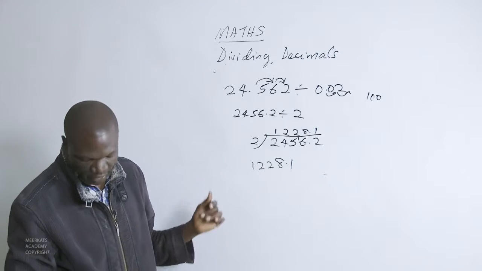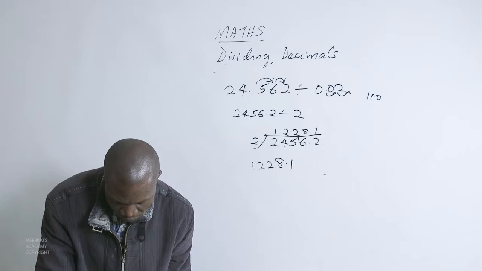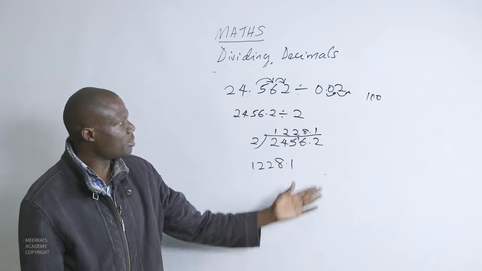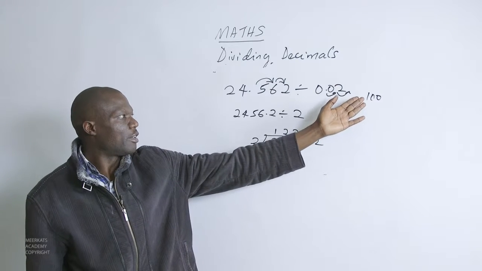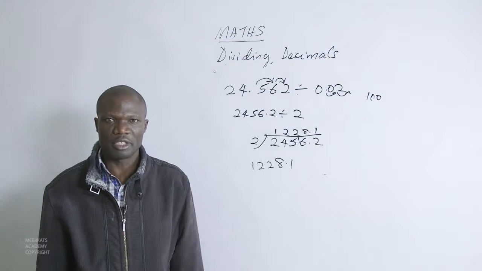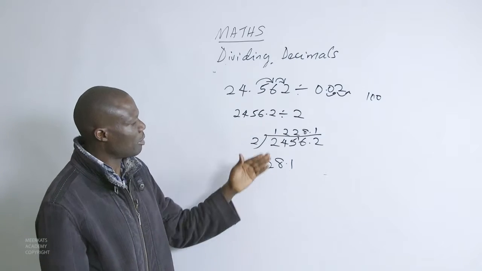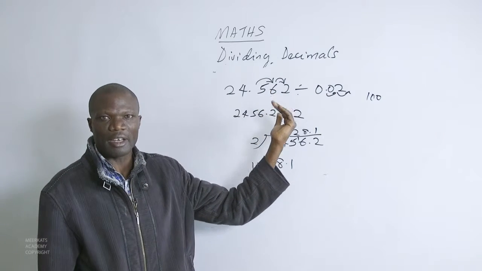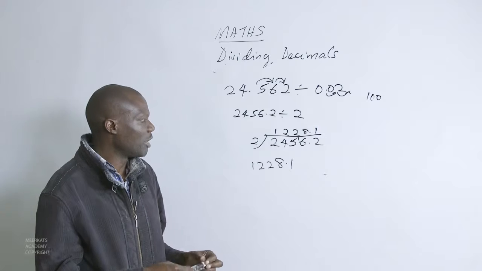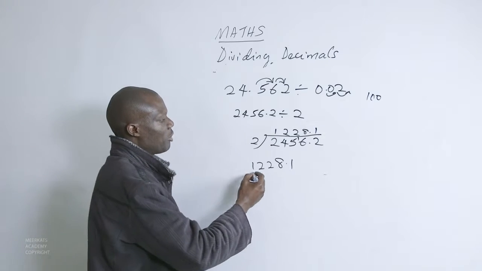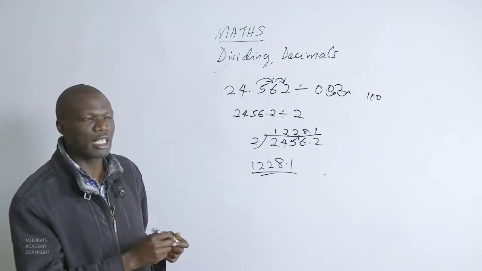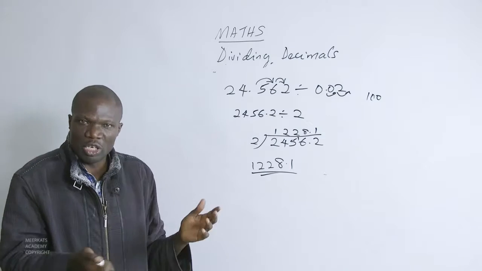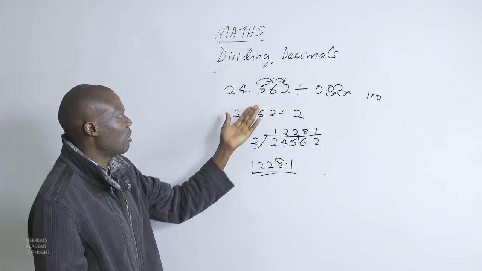For example, in this particular case, we are multiplying by a multiple of 10. So we multiplied by a multiple of 10 up there and a multiple of 10 below, which implies that the moment we did that, we didn't change anything. The value remained the same. We only went for an equivalent number.